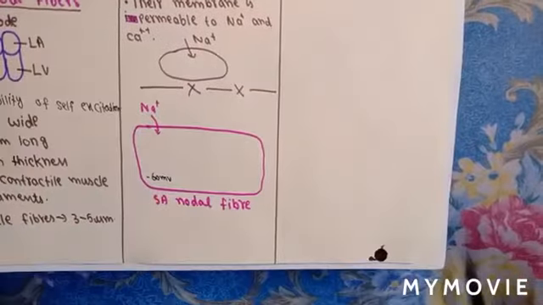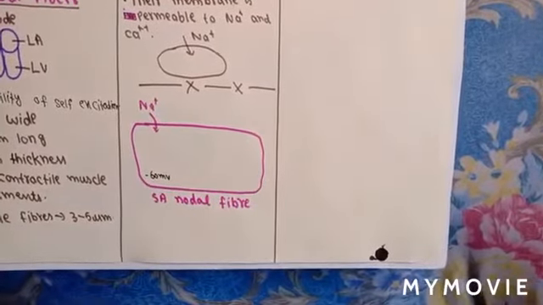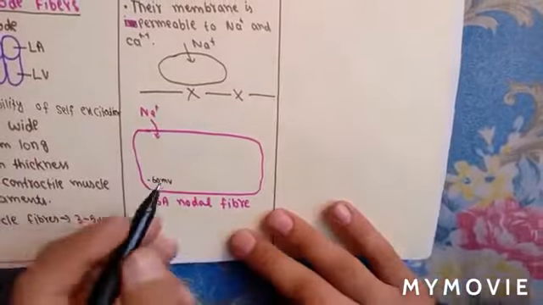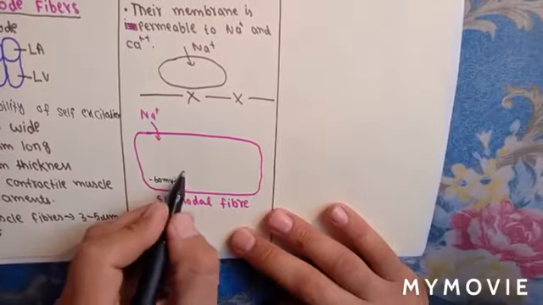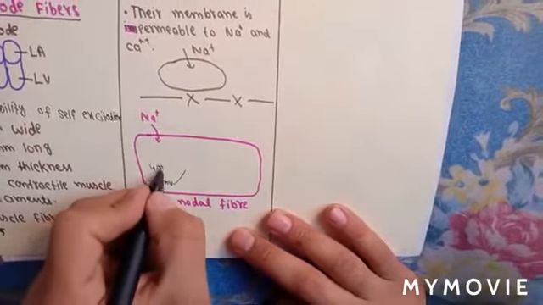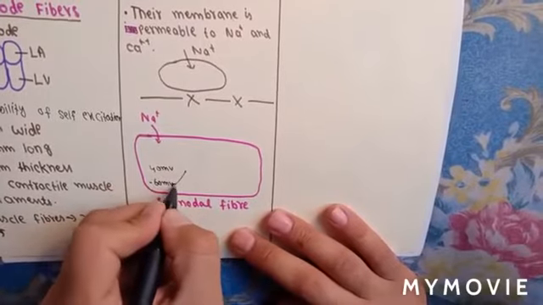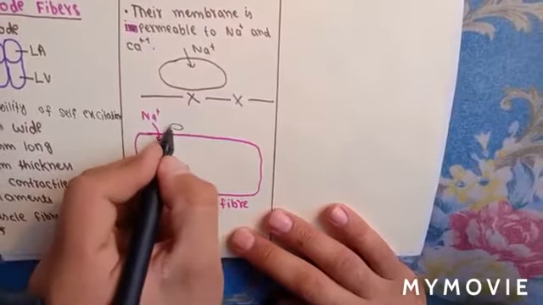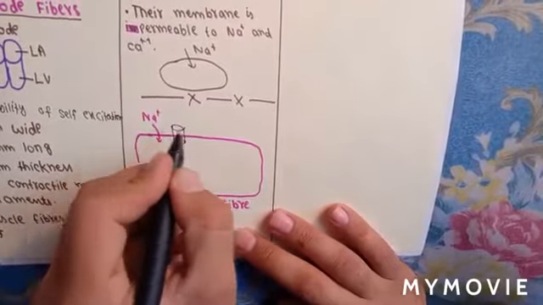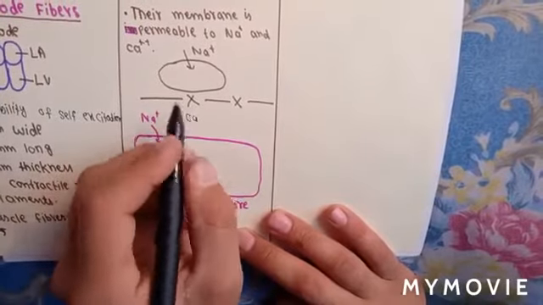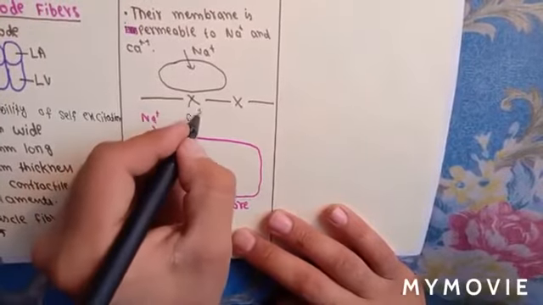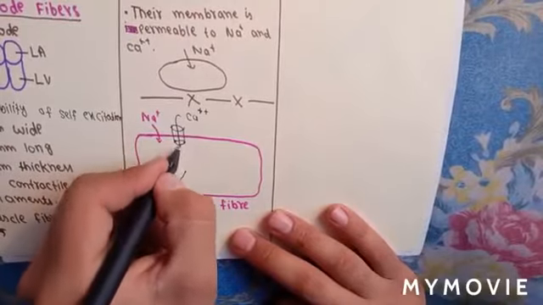Sodium is coming in, and its potential increases, moving toward positive, and it becomes -40, which is called the threshold potential for this SA node. Now calcium gates open. These are calcium gates. Calcium concentration is more outside the cell as compared to inside the cell, so calcium ion moves inside the cell.